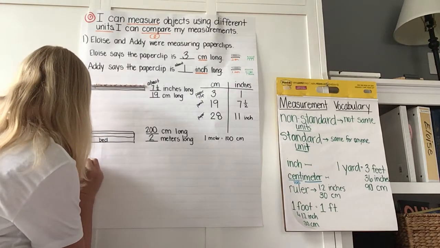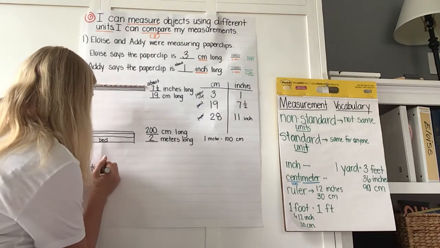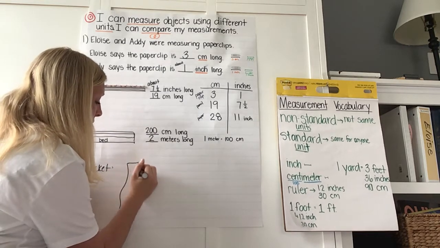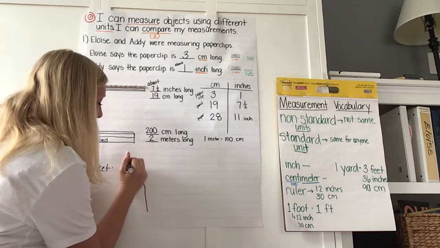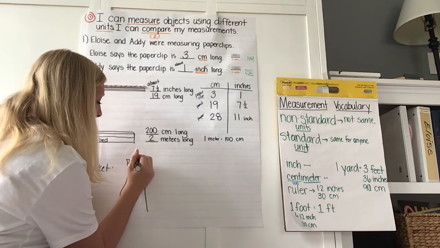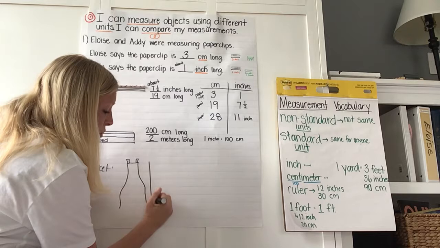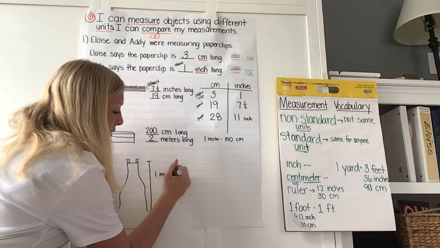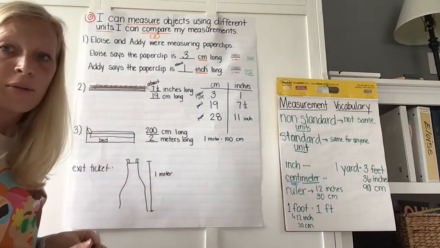This is going to be on your exit ticket. Her dress is 1 meter long. Okay?